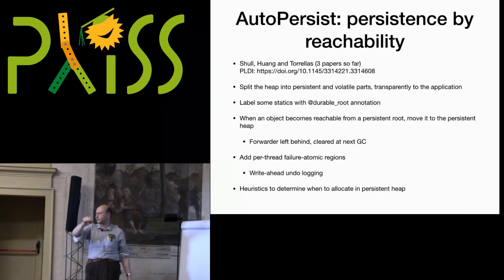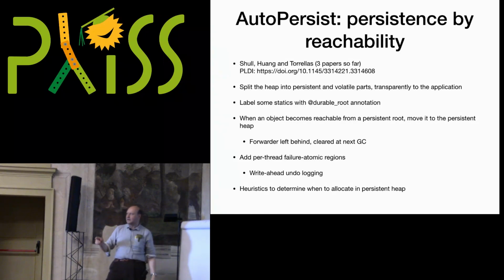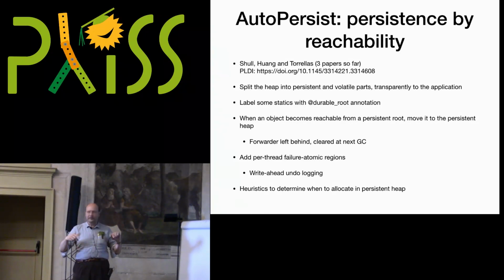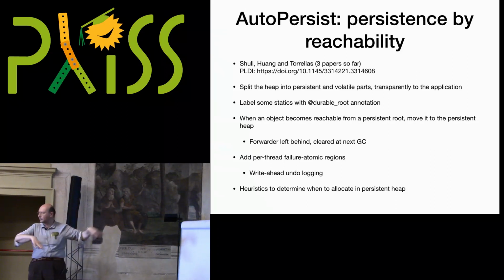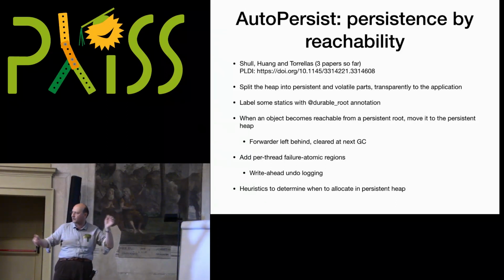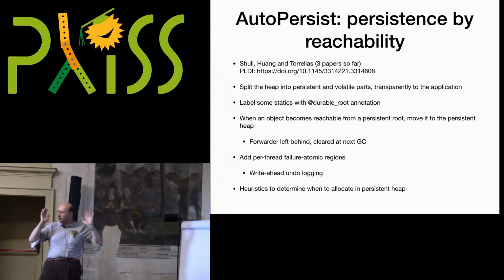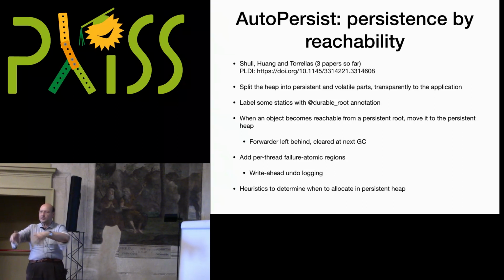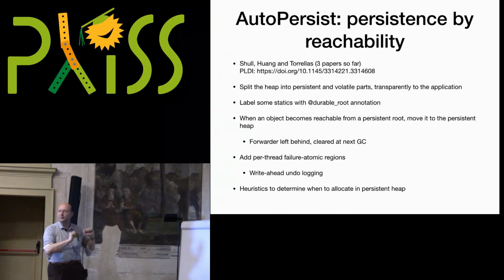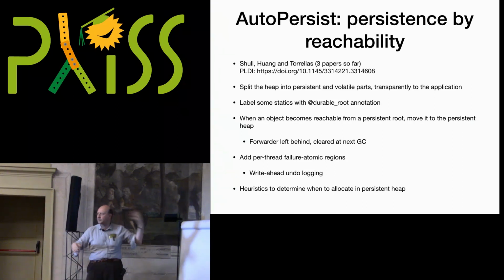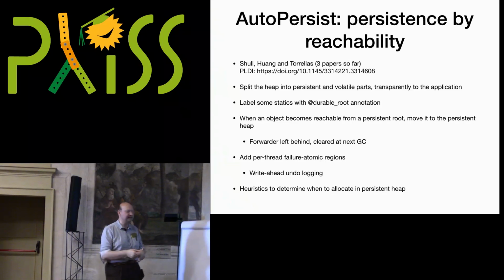Everything reachable from here has to persist. And the implementation underneath checks when you store a reference to a volatile object into a persistent object, and extends the reachability, copies all of the stuff across, installs forwarding pointers, lots of GC hackery, hilarity ensues, and eventually you have all of your stuff in the persistent heap and the forwarders in the old heap, and at the next GC cycle, it cleans up the forwarders and all is good. So it can be done.